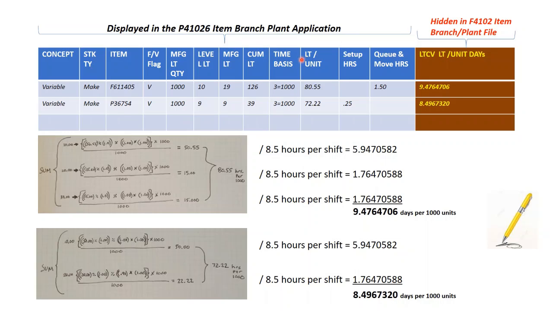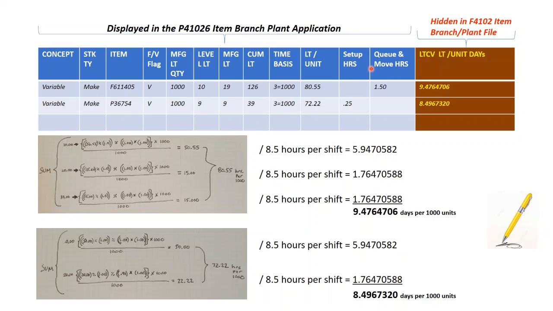Now, we just went over the calculation for the lead time per unit for our make item F611405, which was 80.55, and our semi-finished item that goes into that, its lead time per unit was 72.22 hours per 1,000.